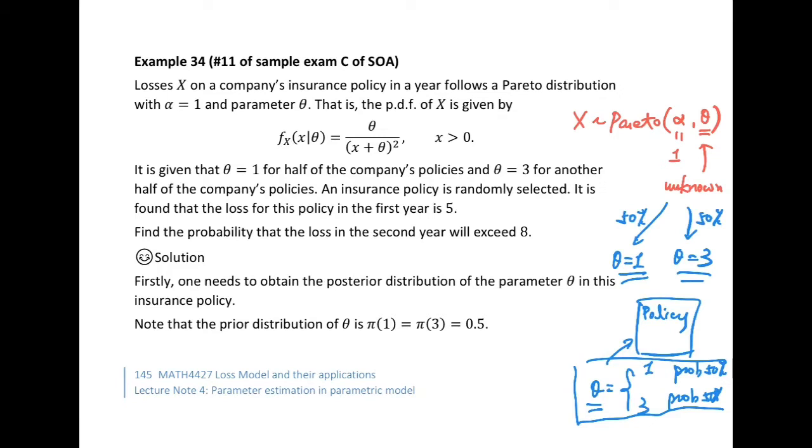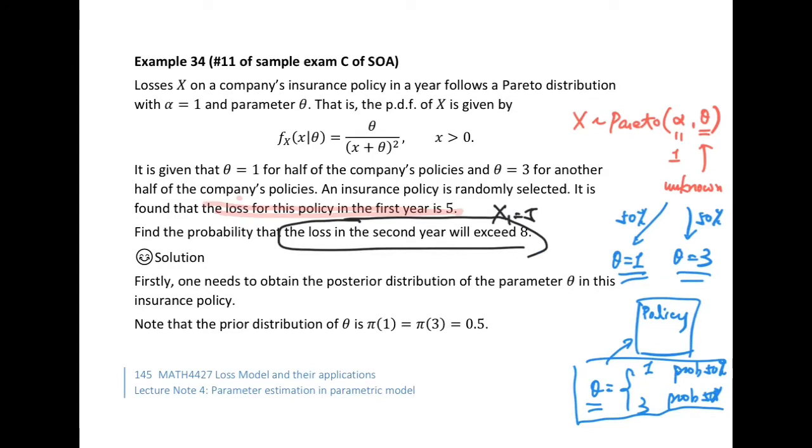Now suppose I find that the losses of this policy in the first year is 5. Given this observation, I want you to use this information to predict the probability that the losses in the second year will exceed 8.